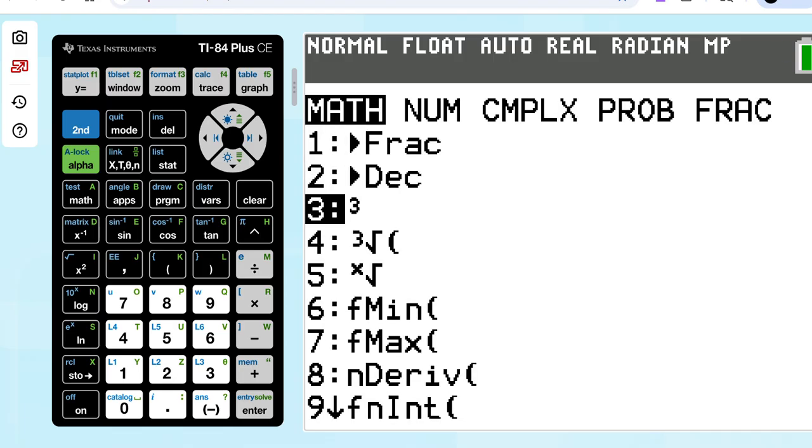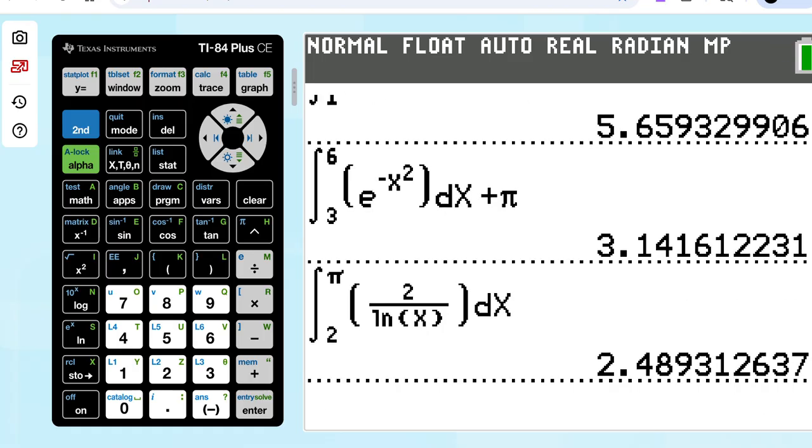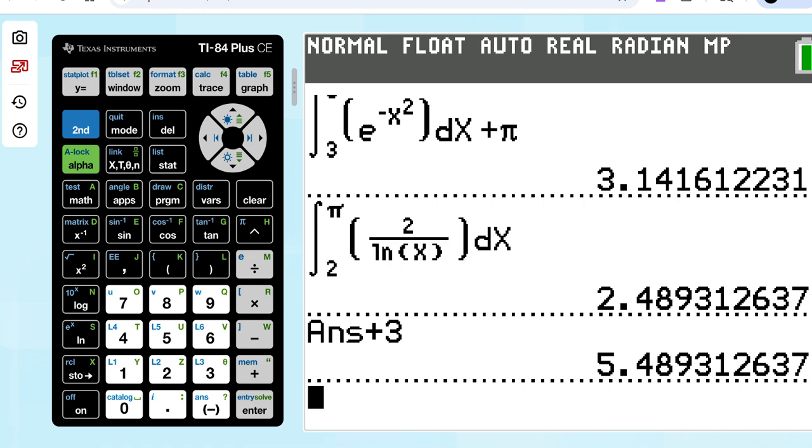We'll hit math, option number 9, and we're going to go from 2 to pi, and it'll be 2 over the natural log of x dx. And I forgot to add our 3 to the end of that, so don't forget to add the 3. So plus 3 to that gives us 5.489.